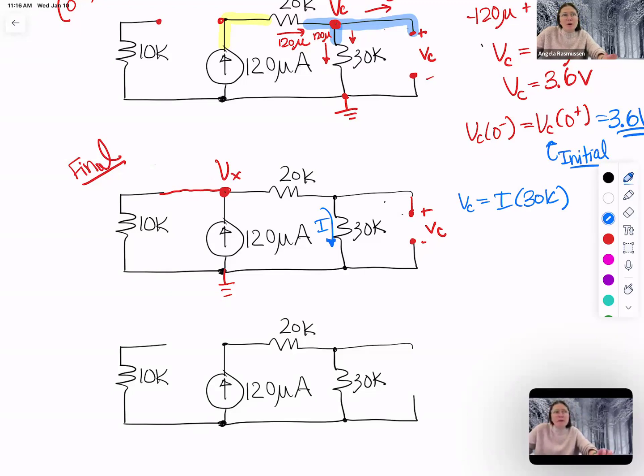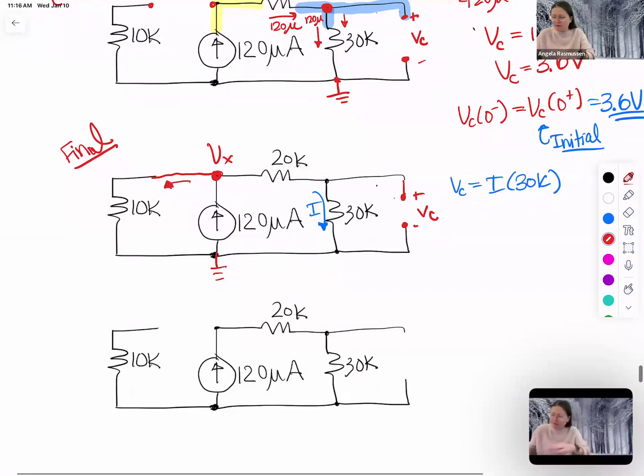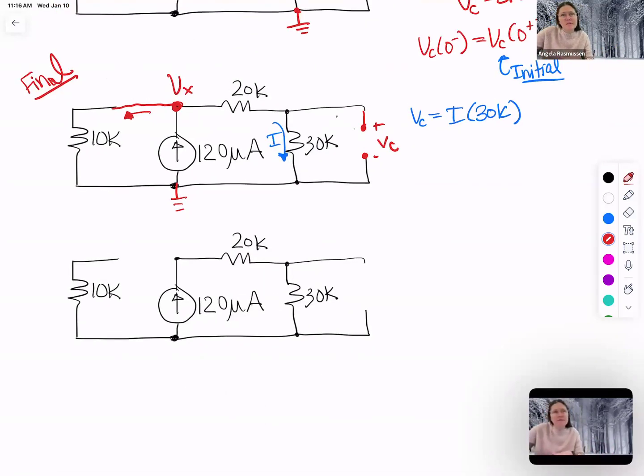Okay. So I love node voltage. So I write first this current equation. What's that going to be? That would be VX divided... Correct. And then this one.